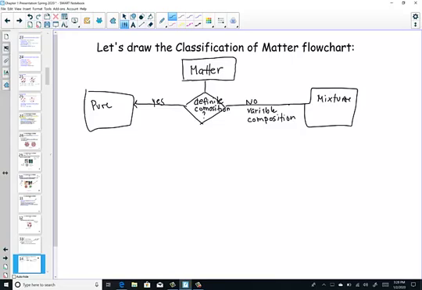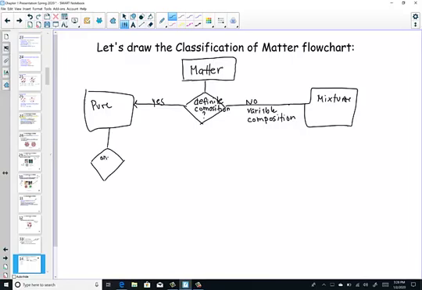So matter, anything that occupies space and has mass. As we begin to classify it based on its composition, we ask ourselves, does this matter have a definite composition? No matter where I take it from, is it always the same? If it's yes, it's pure matter. If it's no, it has a variable composition, and therefore it must be a mixture. Let's ask ourselves a next question under pure.